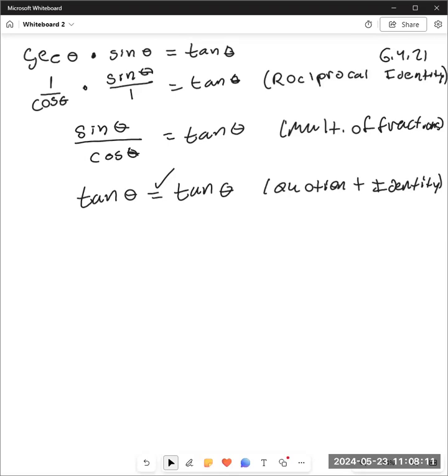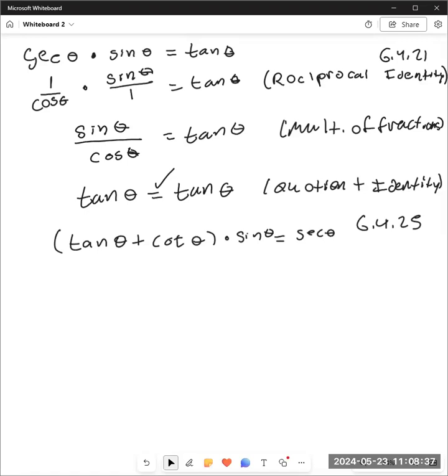So this problem is going to be like 6.4.25. And it's going to ask us to establish the identity that in parentheses tangent of theta plus cotangent of theta times sine of theta is equal to secant theta.